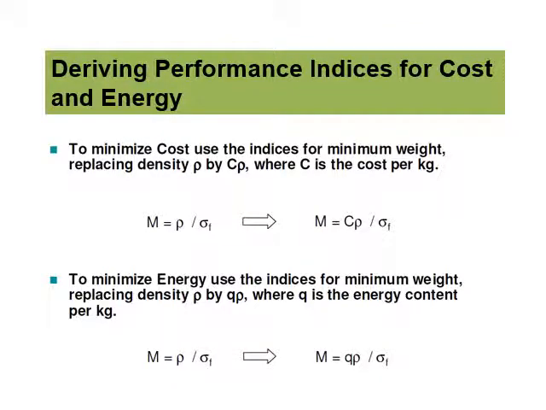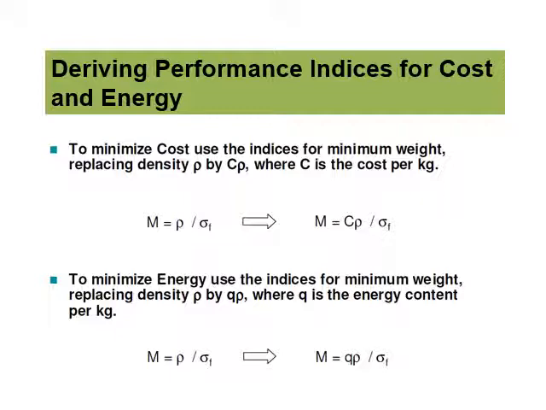Also, you can relate with the performance indices in the case of cost and energy. Just to mention that in order for you to reduce the cost, you can also reduce the weight. If you want to sell a material, you sell it by weight. So the cost will increase as the weight increases. There's no such thing as the weight increasing and the cost being reduced, unless you consider bulk selling or bulk sale.